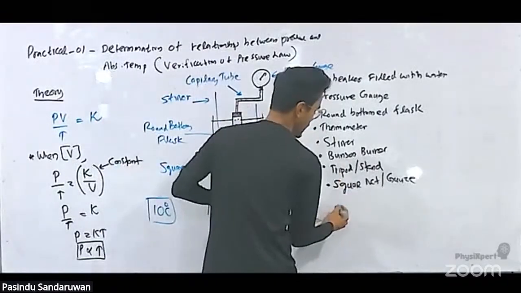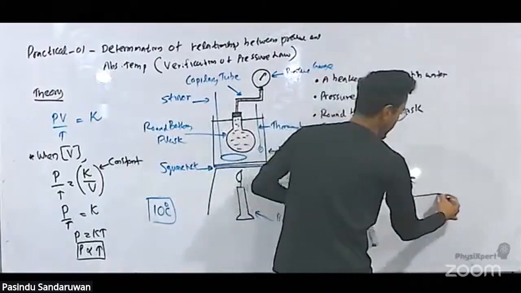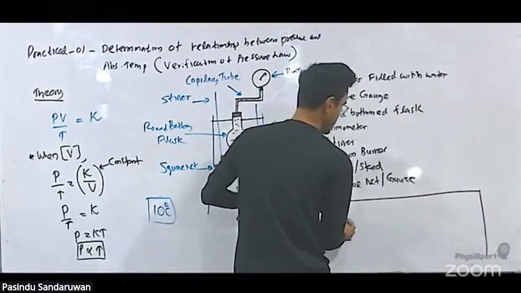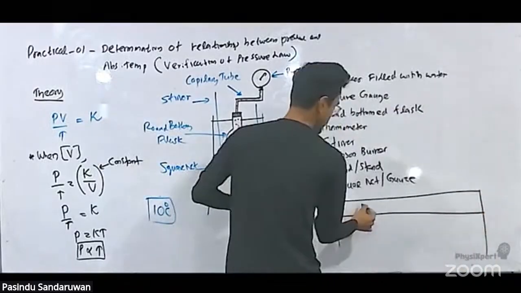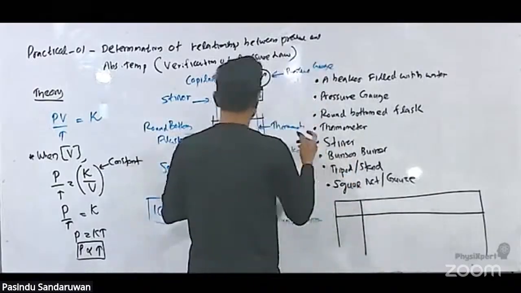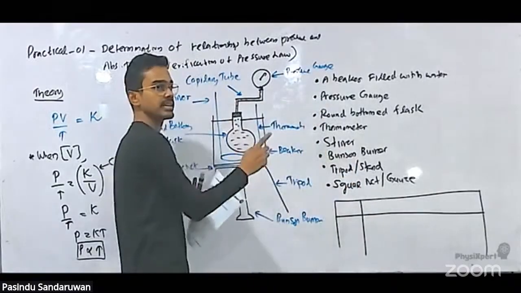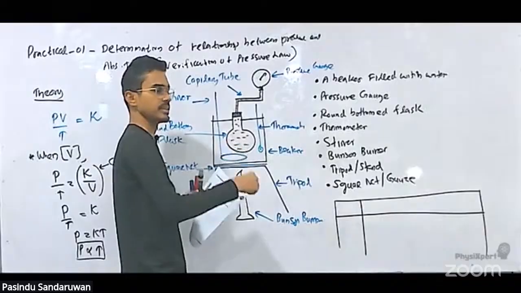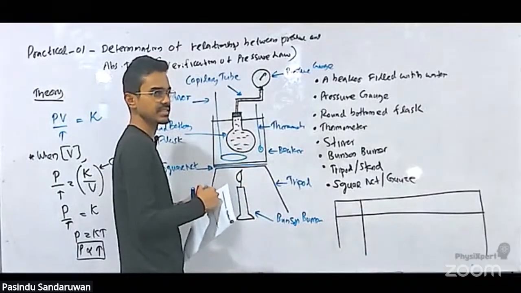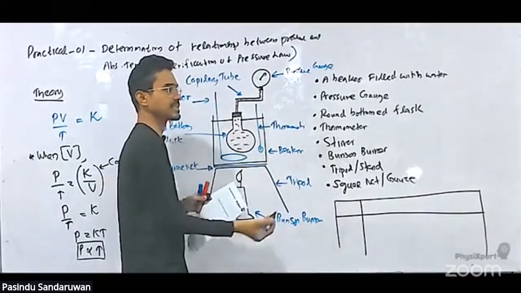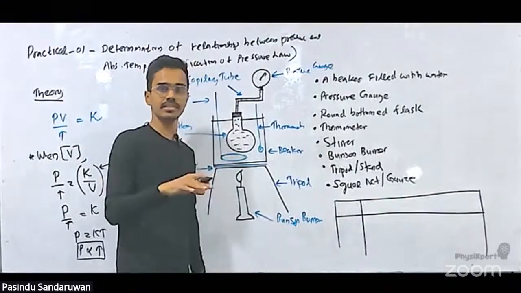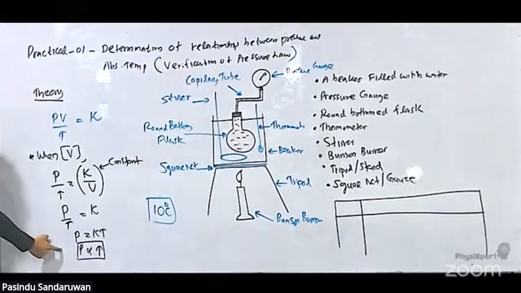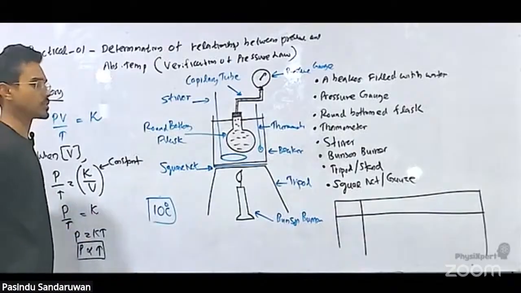We have temperatures. The thermometer measures the temperature in degrees Celsius. So our direct reading is the Celsius temperature, but we are going to plot the graph with the Kelvin temperature, so we need to convert to Kelvin.